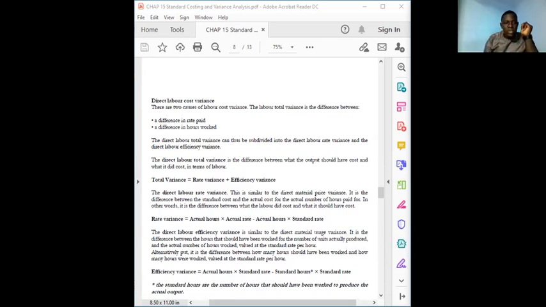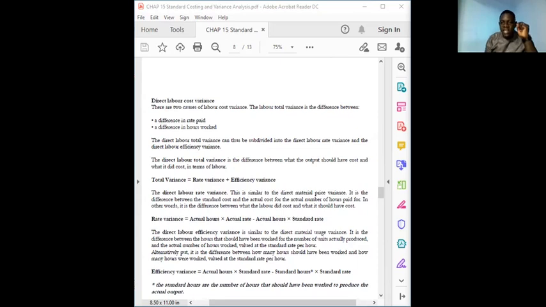Okay, good. So direct labor rate variance is equal to actual hours times actual rate minus actual hours times standard rate.